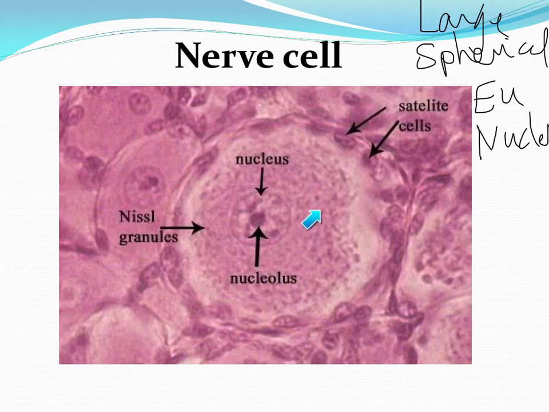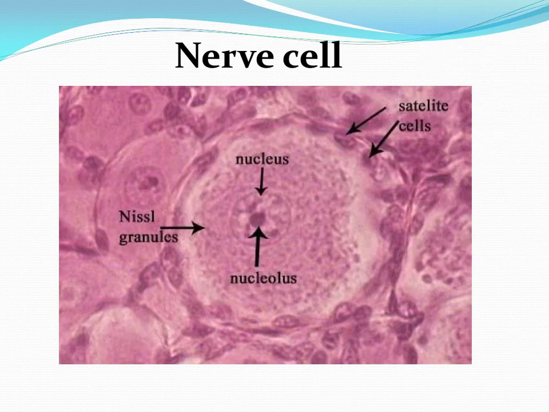After that, you may be asked about what these dots present in the cytoplasm are. These dots are Nissl granules. What you may be asked about the Nissl granules is what is the nature of these granules?